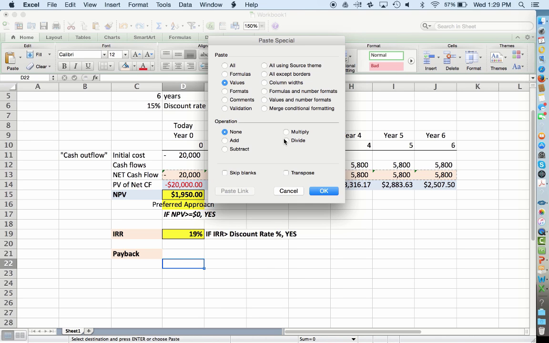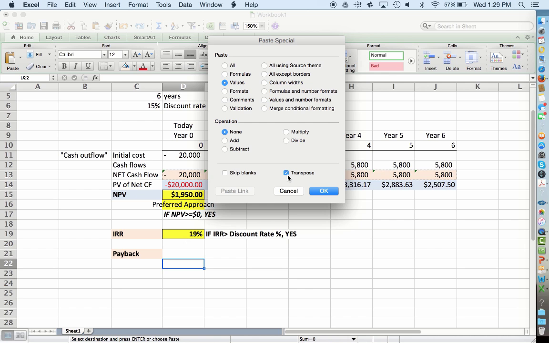Have you guys ever used this function before? Paste special, over there. Paste special. Or you can go under edit, pick paste special, and then select values and transpose simultaneously. And then hit OK.